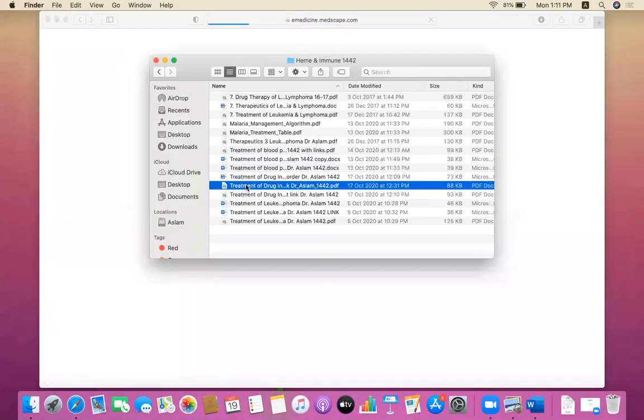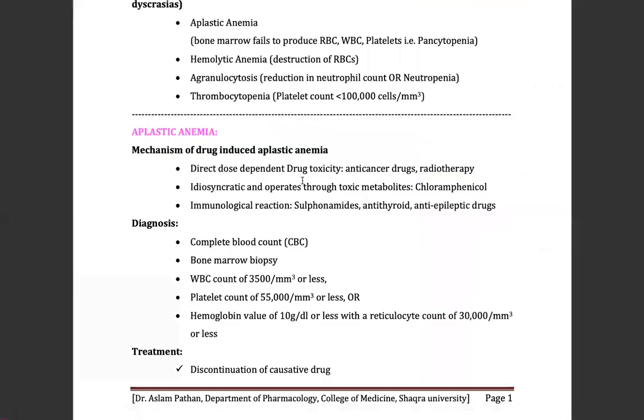Okay, let it load. So if you click on these purple colored words, you get further reading references. You can read them to get extra knowledge and benefits.